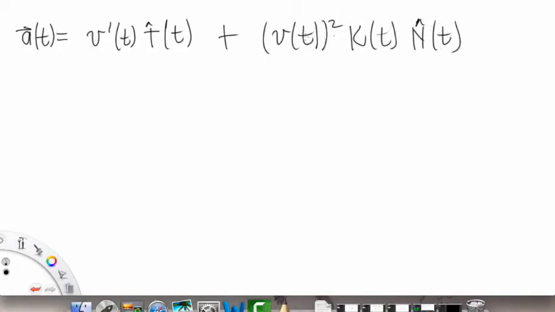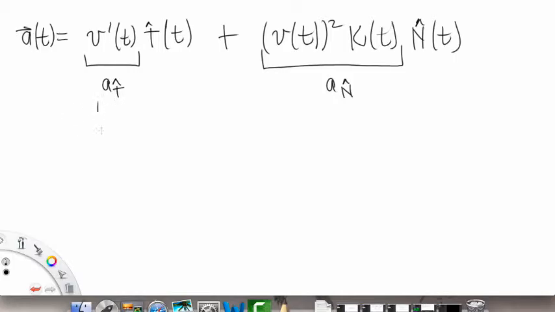And now we know that this part here, the v prime of t, is our tangential coefficient, and this part here, those terms, that's our normal coefficient, the coefficient for our unit normal, okay?